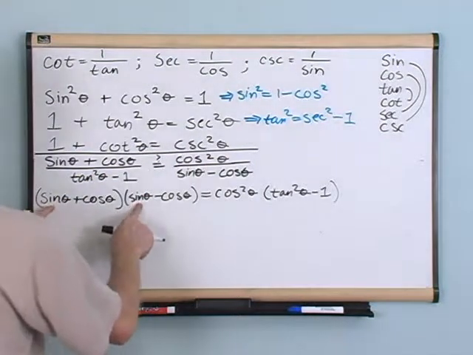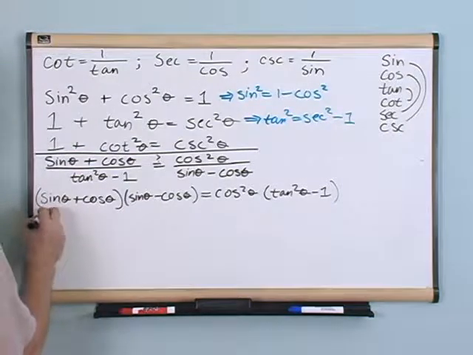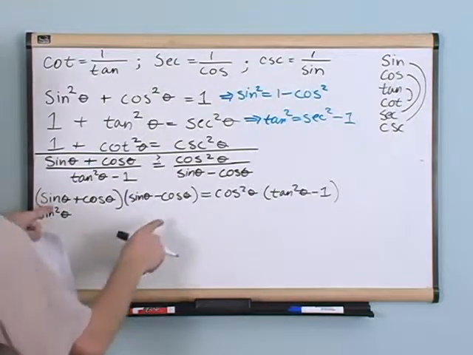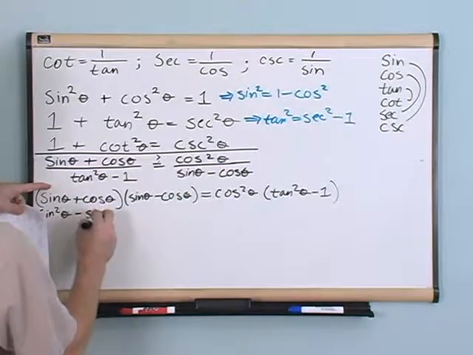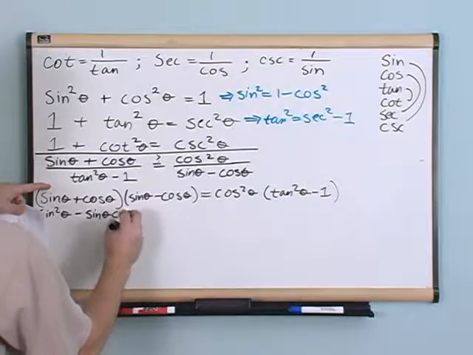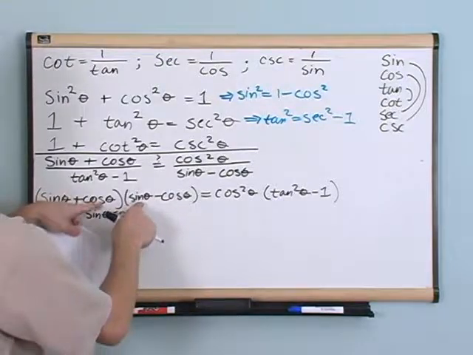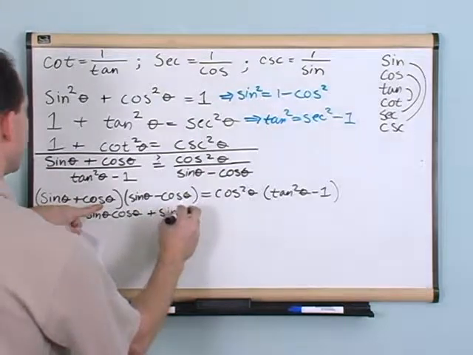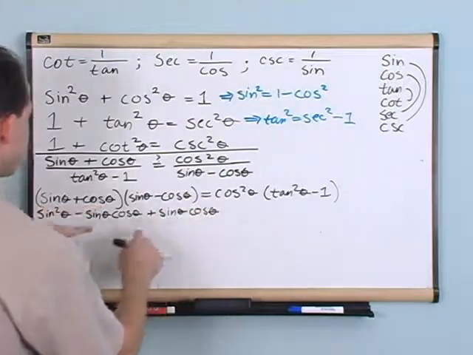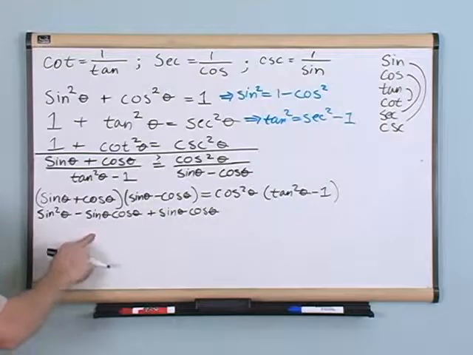So let's do this. First term times first term is sine squared theta. The outside term, sine times negative cosine, is negative sine theta cosine theta. These two terms will be just positive sine theta times cosine theta. Immediately I'm starting to like this because I know these terms are going to cancel.